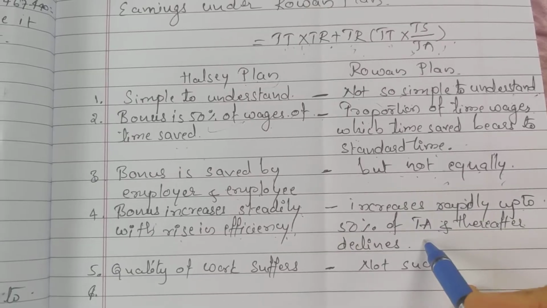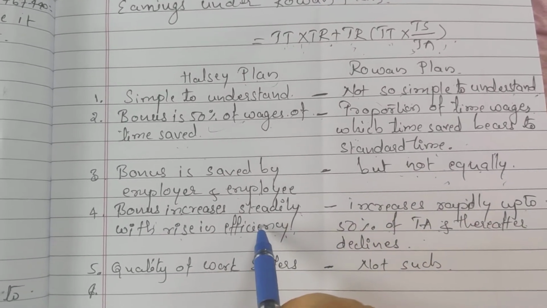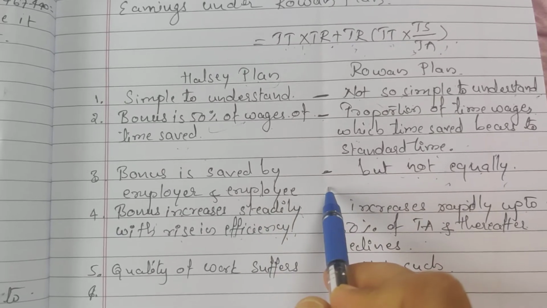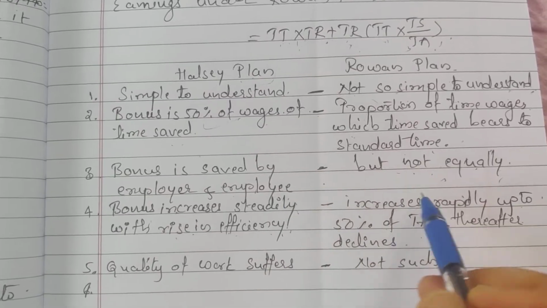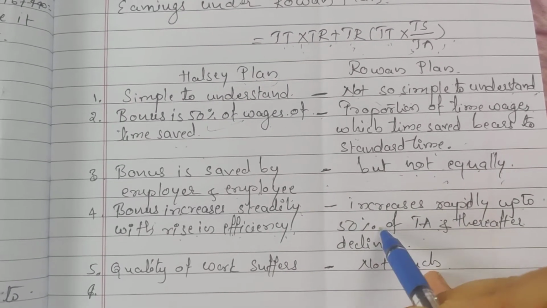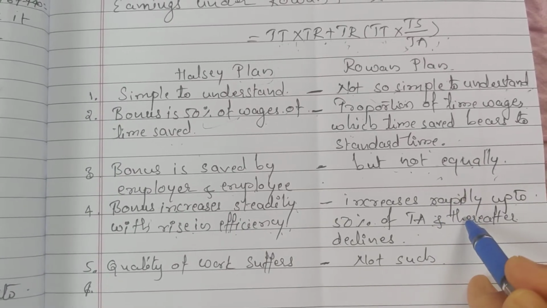Thereafter, it starts to decline. There is no such difference in the Halsey plan: if efficiency increases, the bonus will increase. But in the Rowan plan, up to 50% it will increase rapidly, and after that it starts declining.